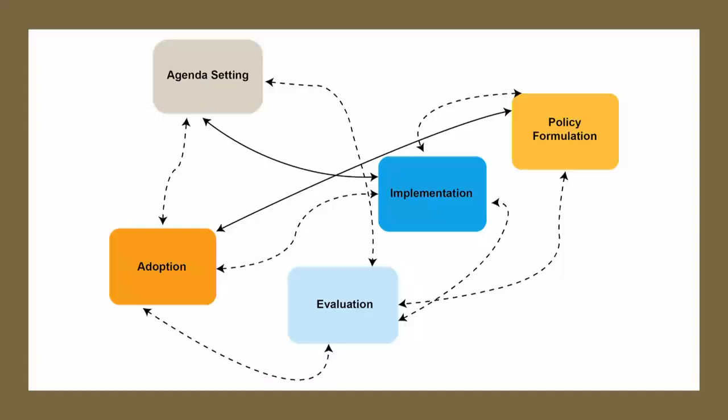This final slide is a graphic representation of some of the challenges within the policy process. You can see that there's a lot of back and forth between the different phases. First of all, with the problem itself, we hope that when we come up with a plan to address the problem, the parameters of that problem are going to shift. Sometimes they shift positively because we are addressing that problem appropriately.